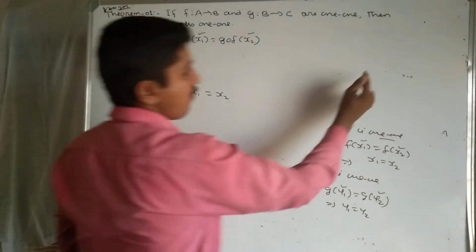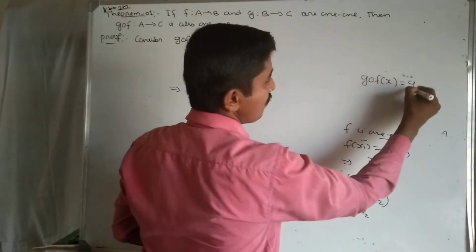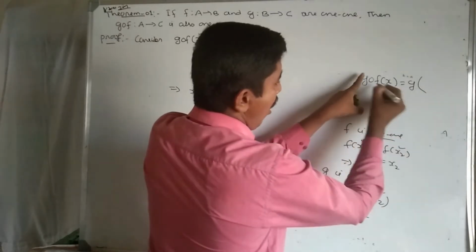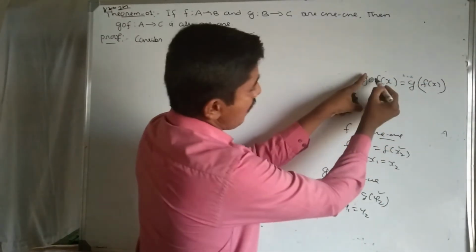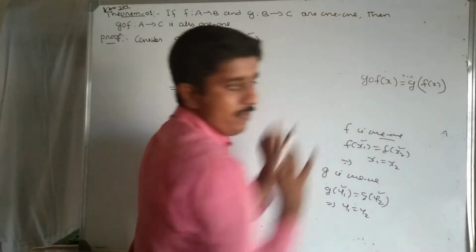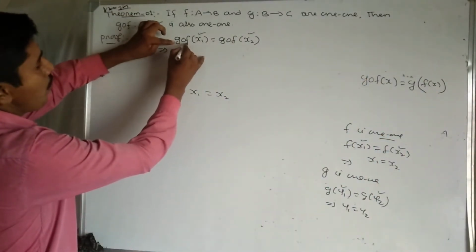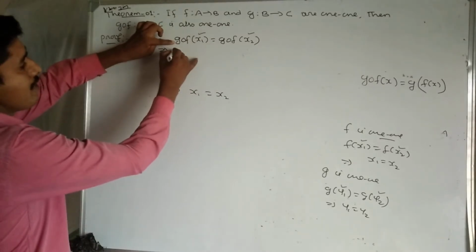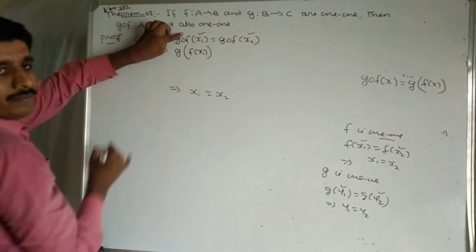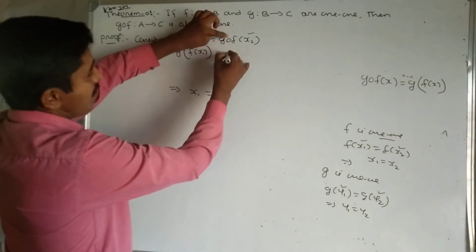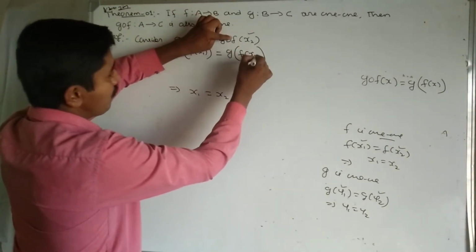We know how to define a composite function: gof(x) is defined as g(f(x)). Like that, gof(x1) is defined as g(f(x1)), and similarly on the right side, g(f(x2)).